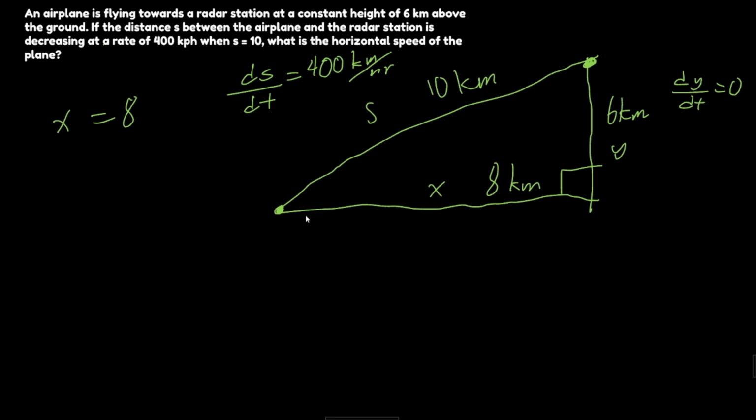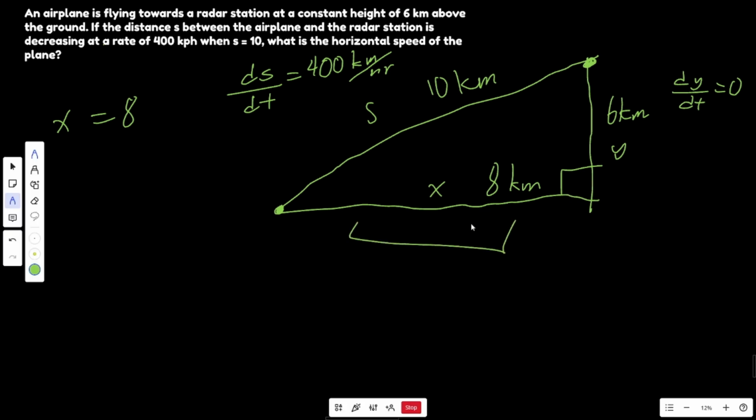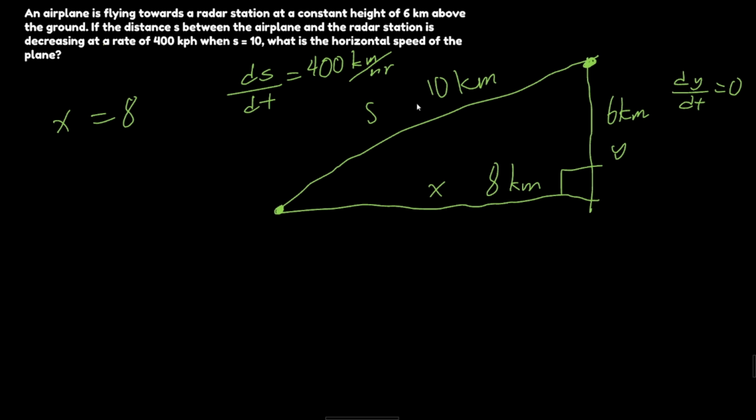The logic for that is, as one side gets smaller, another one will get larger. For example, if I shrink this length at the bottom, x, and I keep the height the same, then my hypotenuse will get steeper.